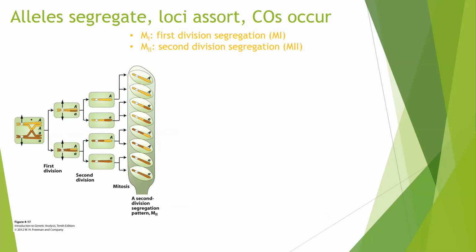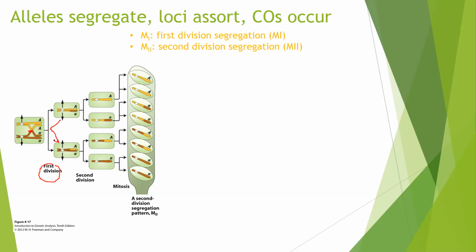Suppose there is a crossover occurring between this gene and the centromere during this meiosis. So what is the consequence? Let's see the results. This is the first division, M1. Did you see the segregation of these two alleles?